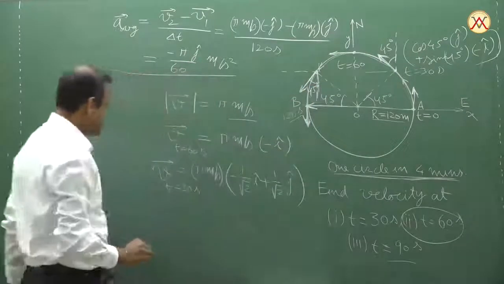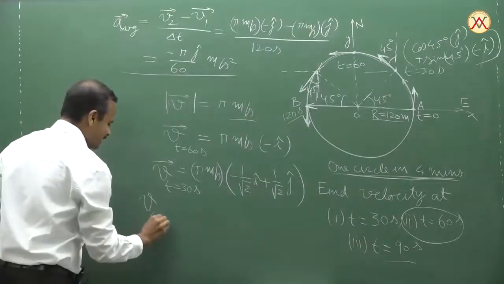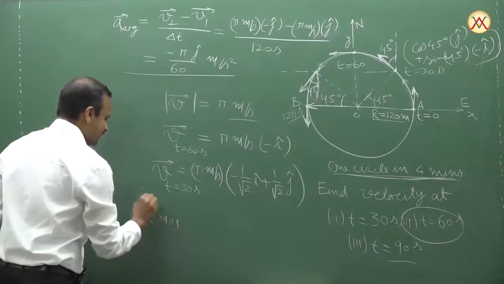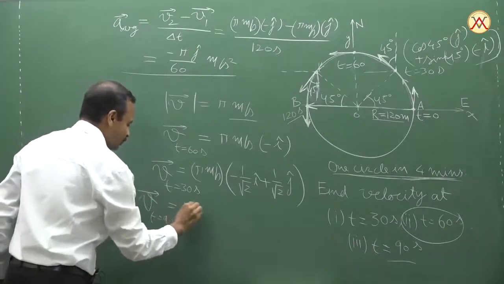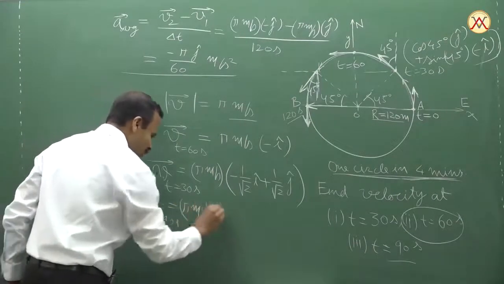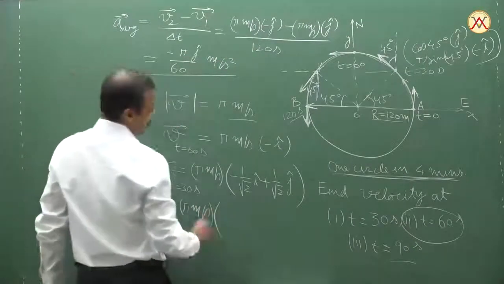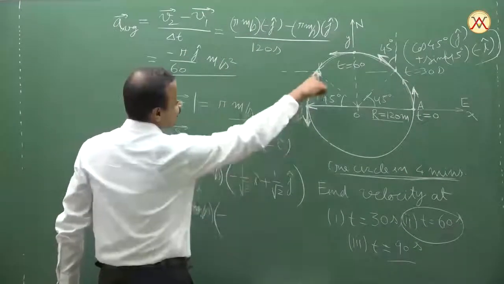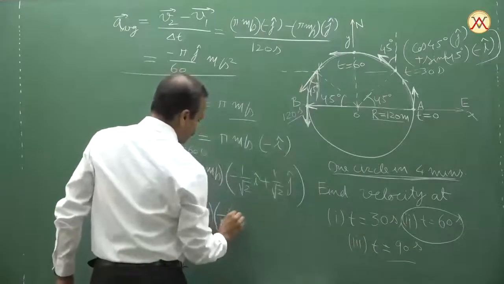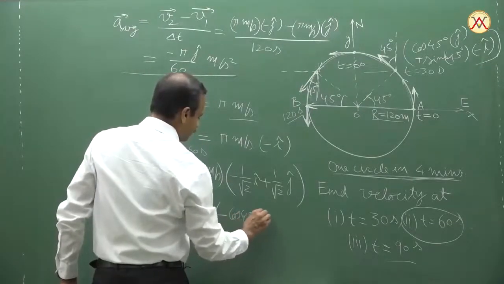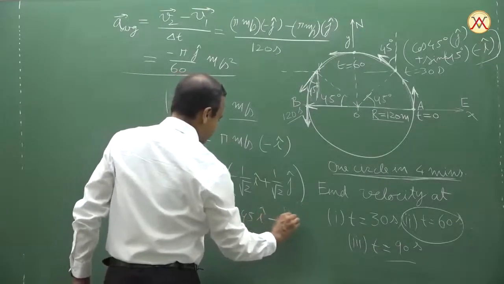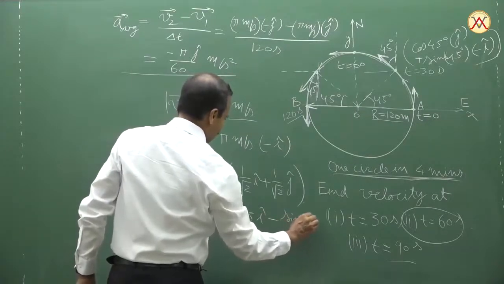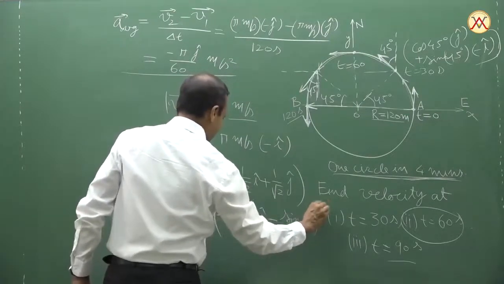So you can see that the velocity at t equal to 90 seconds will be pi meter per second, which is the magnitude, times minus cos 45 i cap and minus sine 45 j cap.